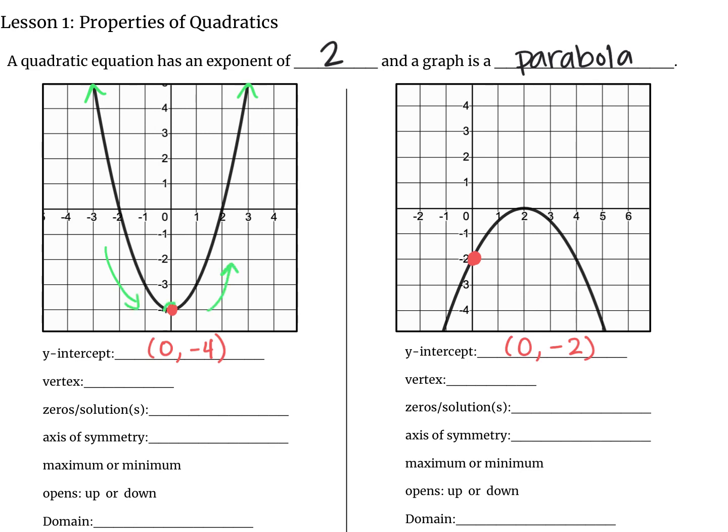So actually right here at our y-intercept in this case is also the vertex. So we would write that as a coordinate with an x and a y. Your x value there is 0, your y value is -4. So that is the vertex of this graph here. It is the lowest point.